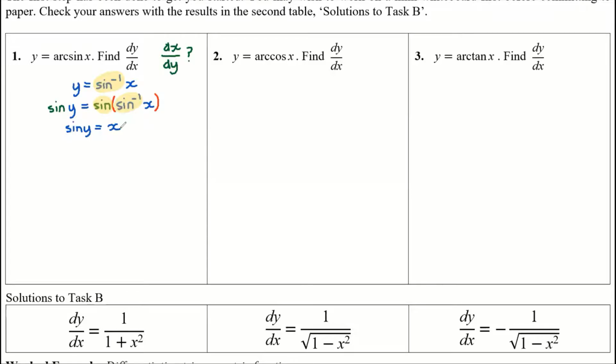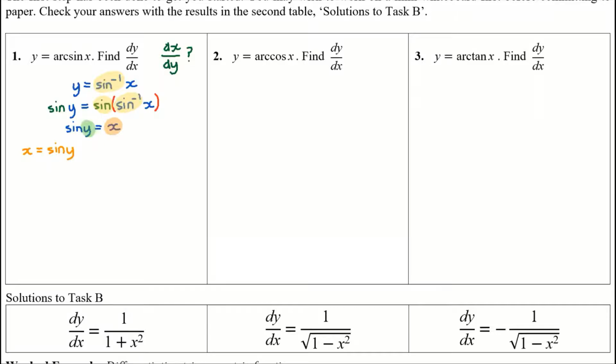Well, I can now just differentiate, but I'm going to be differentiating the function x with respect to y this time, because x is now the subject of my equation. So to make it more clear, perhaps I should write it in the reverse order. So x is equal to sine y, and then we just differentiate x with respect to y.